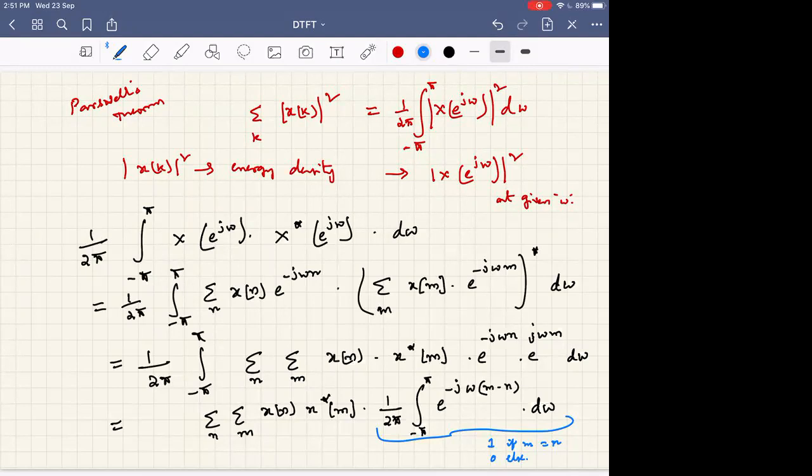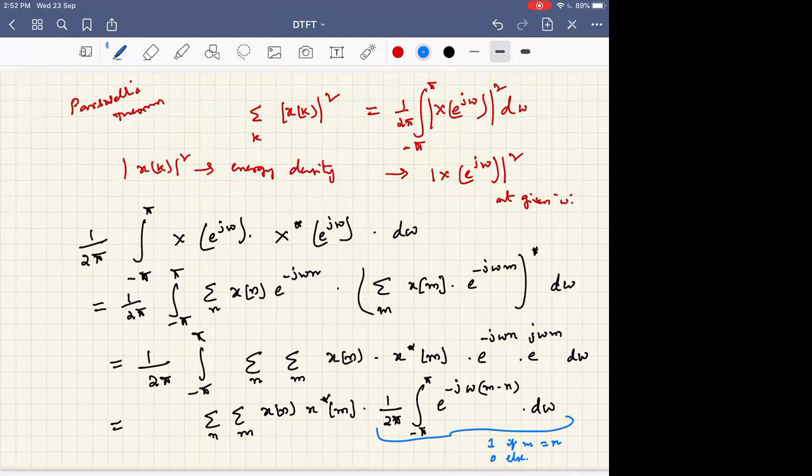If m equal to n, then only they will be fully correlated. If m is not equal to n, their correlation is 0, or the projection of one over another is 0, even if you think of vectors as well. Okay, fine.